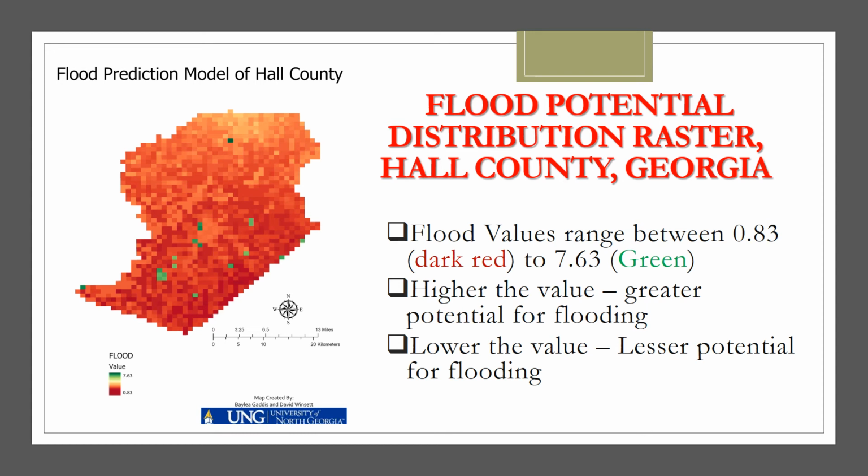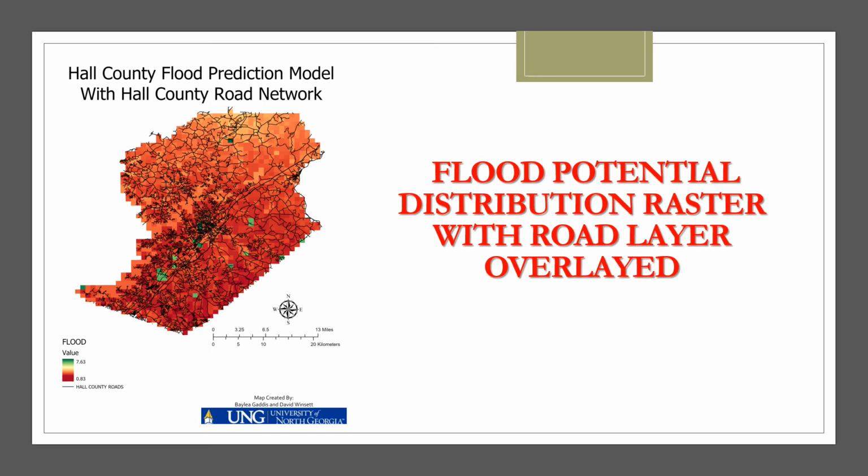Hull County is in a better situation. We do not have too much area in the highest range of flooding, but you can still see a few pixels with very high flooding potential, and most of the county is in the average or moderate potential of flooding. Then you can see we overlaid the road network on it.